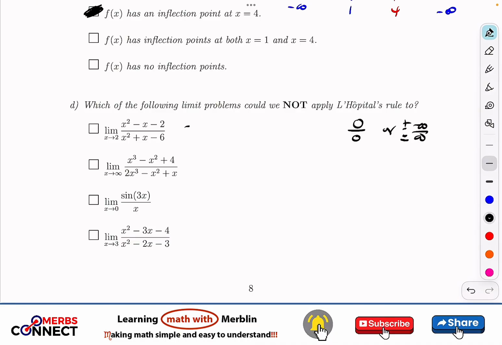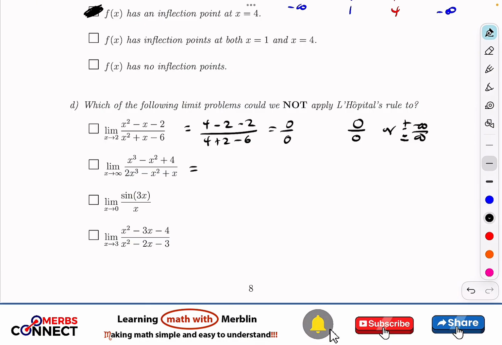When I plug in 2, I have 4 minus 2 divided by 4 plus 2 minus 6. What do we get here? This is 0 over 0.